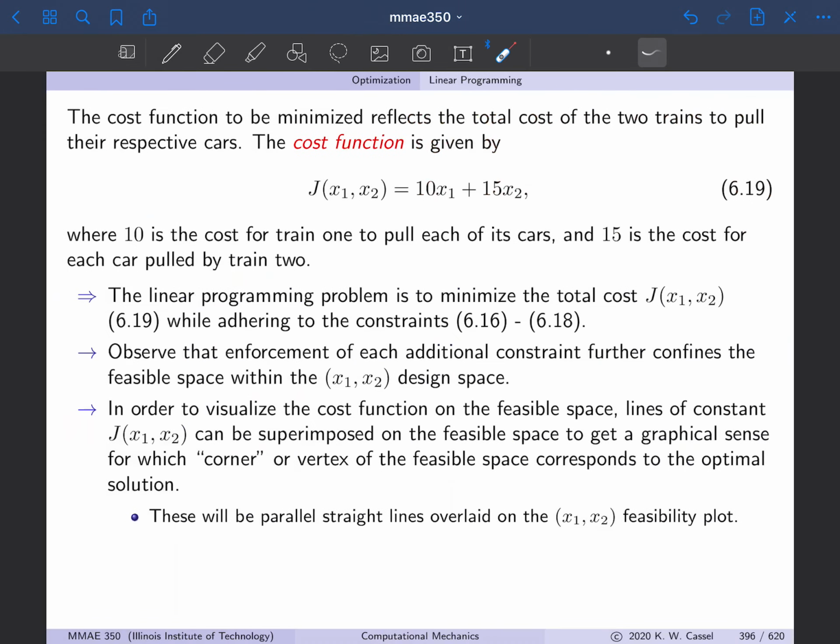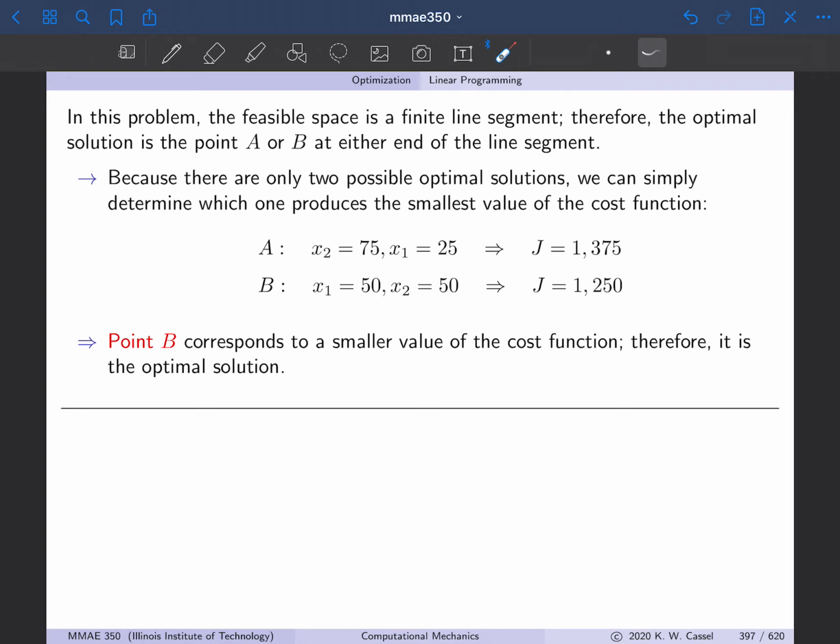And we want to find the line that gives us the smallest value of J, but while being consistent with and in the feasible space. So these are parallel straight lines overlaid on that feasibility plot. I won't actually do it because it just gets confusing. Now in our case, it's actually quite easy.